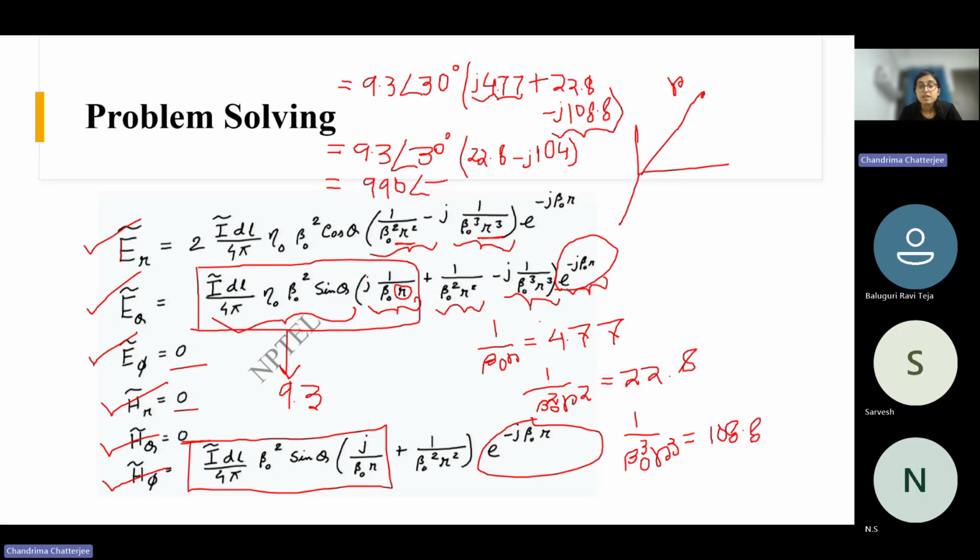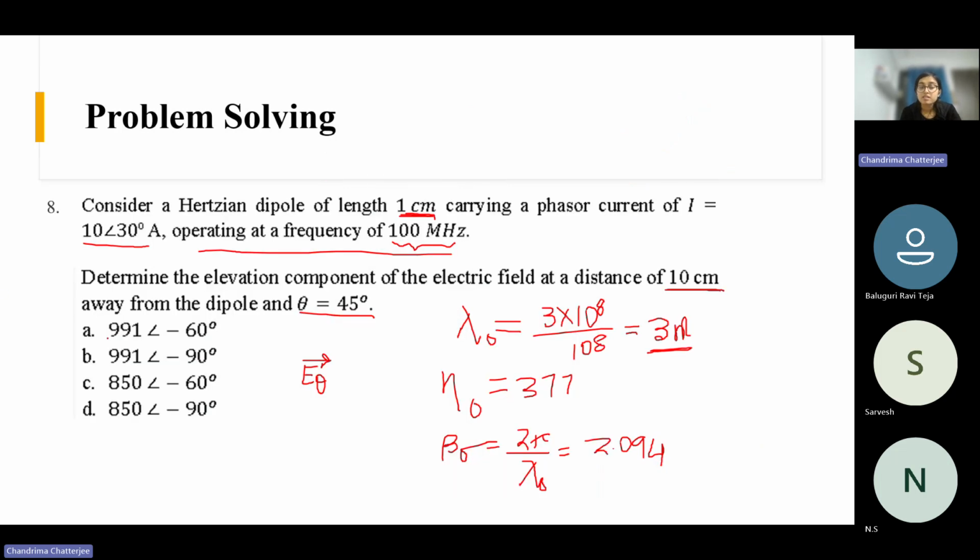Okay. So till this point, clear? This is the amplitude. This is 990. Okay. So let's see, 991 is there.